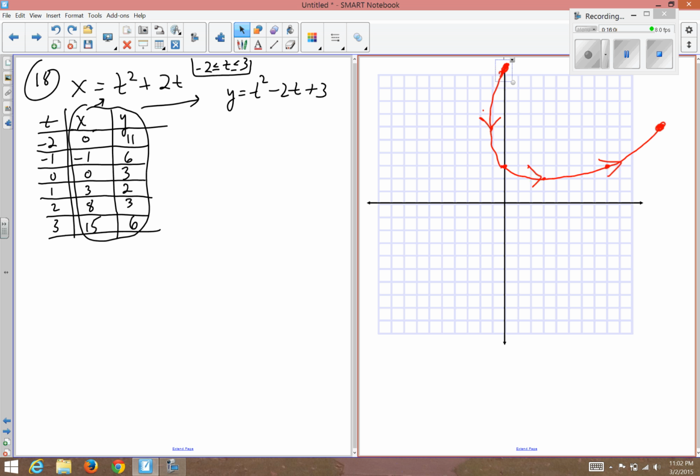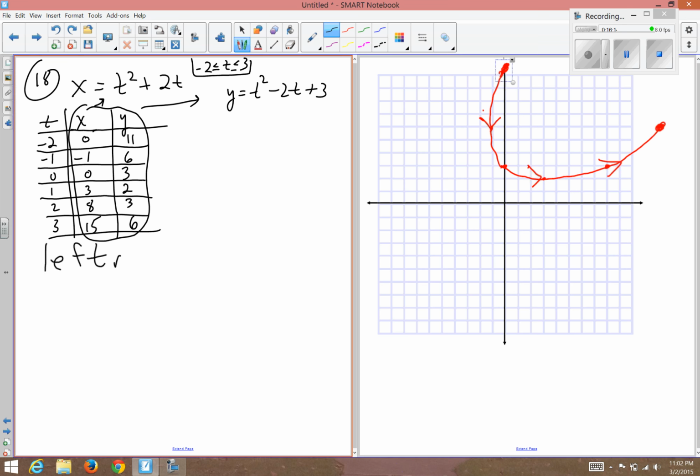And then 18 also asks us to find the leftmost point. On this parametric curve, there's a leftmost point. And finding the leftmost point means, since x is what goes left and right, the x-axis, finding the leftmost point is the same as asking us to minimize x, the smallest x.